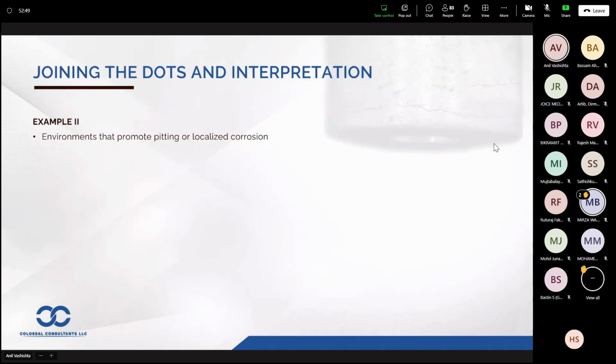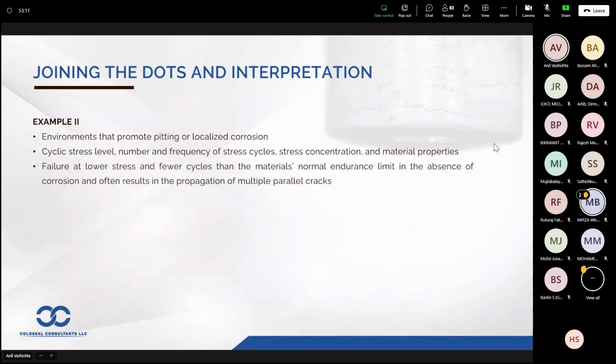Second example, you see localized pitting or localized corrosion, and you observe that the component is subject to cyclic stresses, and cyclic stress concentrations are there, or there are different frequencies of cycles, and failure has occurred at a lower stress, at fewer cycles.